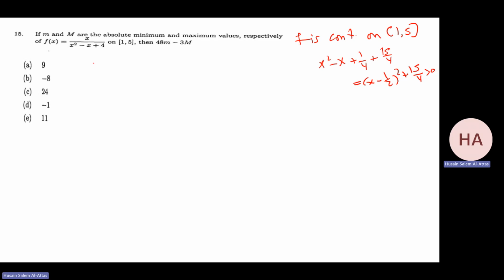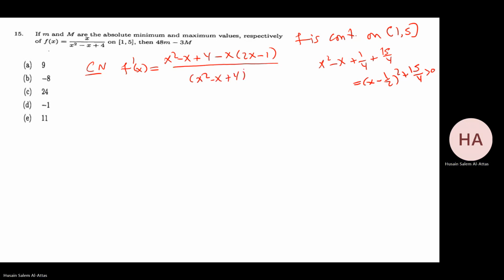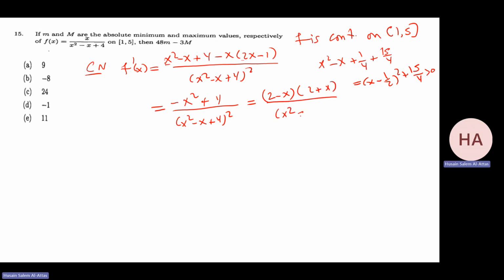So I need to find the critical numbers. F prime has the numerator, which is 1 times the denominator, minus x times 2x minus 1, over this square. That gives me minus x squared plus 4, or in other words, 2 minus x times 2 plus x over this.